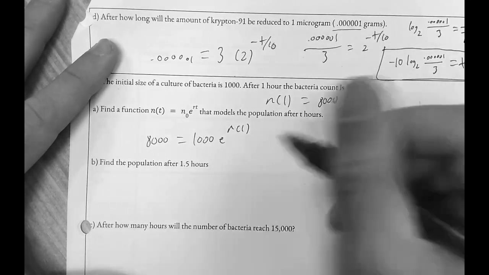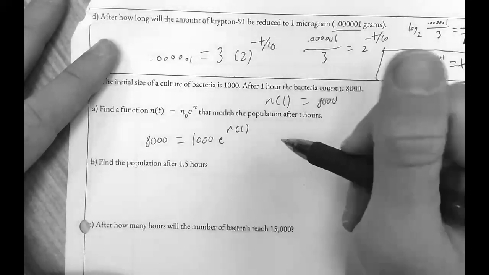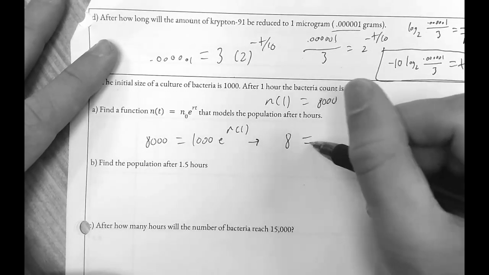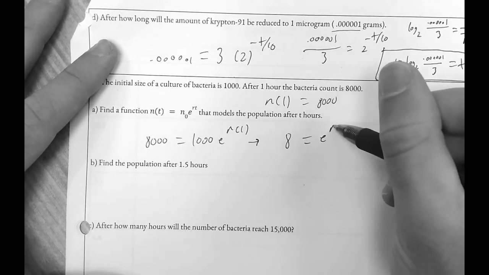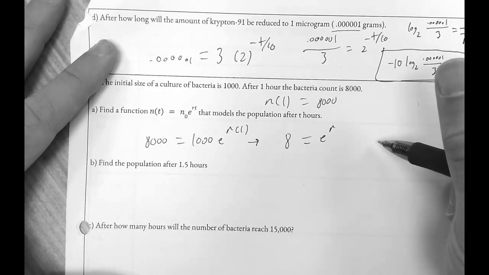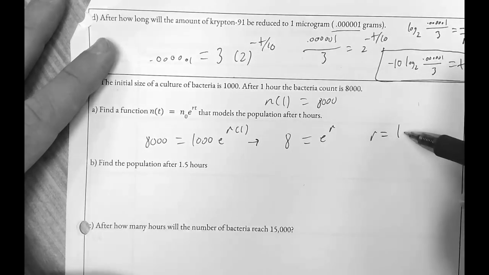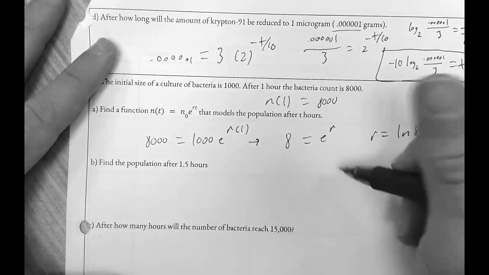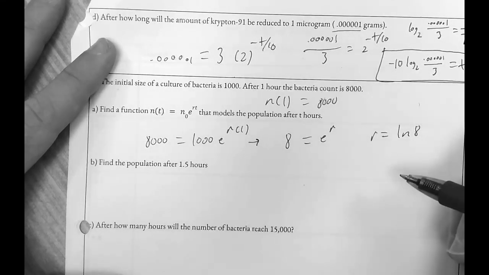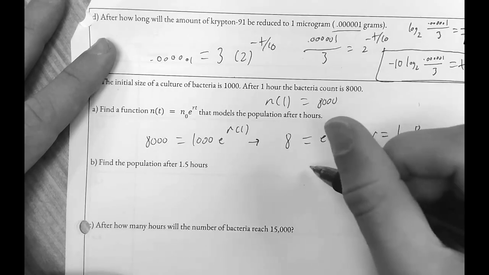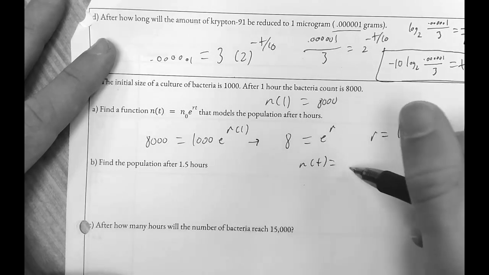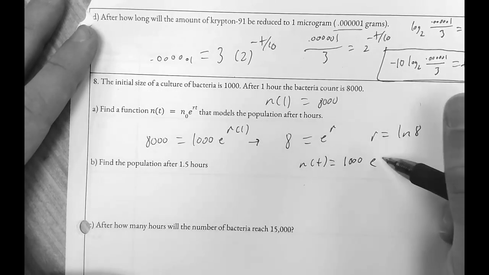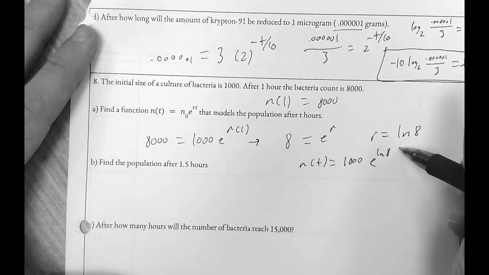Now we're just going to solve for r. 8,000 divided by 1,000 is 8. 8 equals e to the r, which means that r equals ln 8. So rewritten in this way, n of t equals my starting value 1,000 times e to the ln 8 times t.